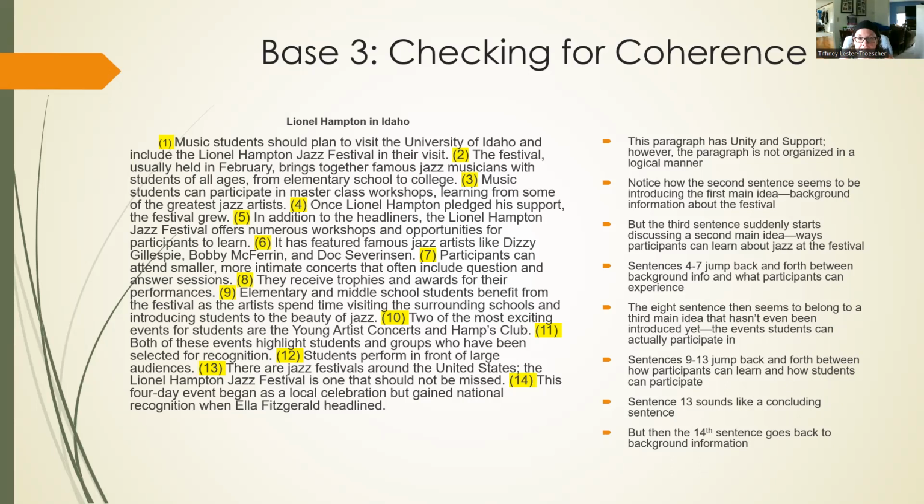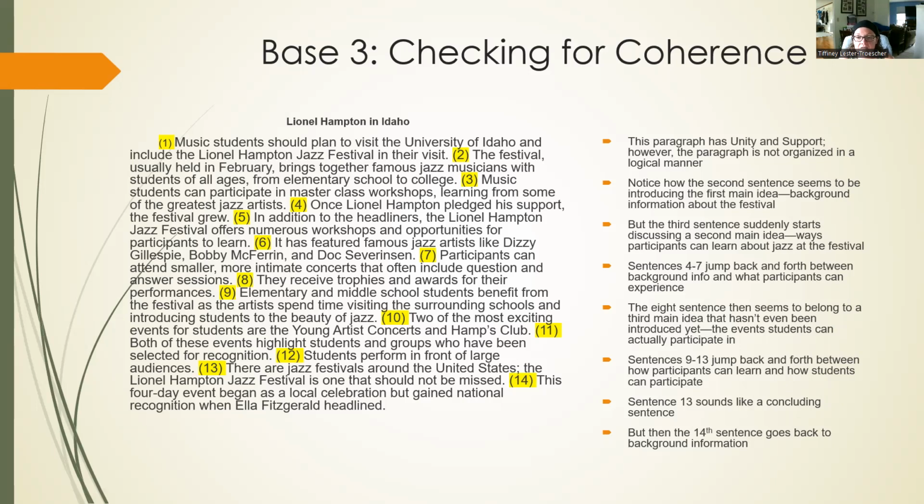If the first main idea is supposed to be all the background information, then we need all of that information there in that section before we move on to talk about anything else. Jumping back and forth between main ideas is not good. It's very confusing. And then the 7th sentence, participants can, we've gone back to what they can experience and learn.